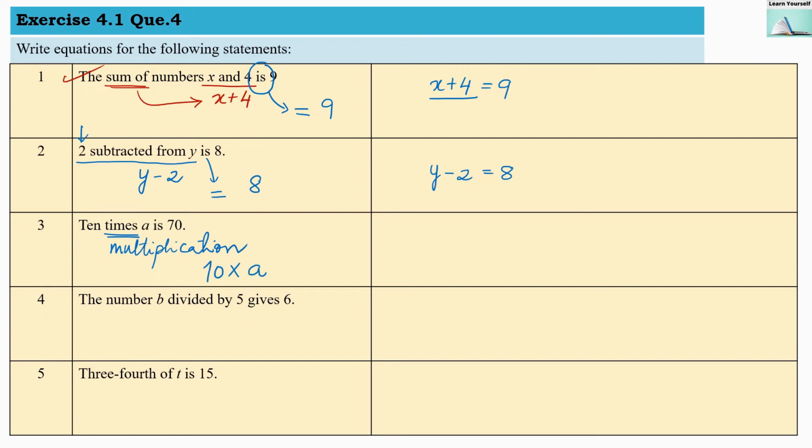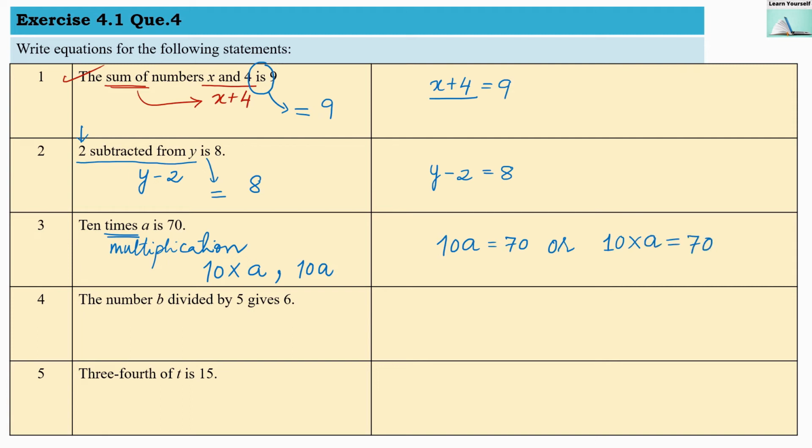The meaning of 10 times a is 10 into a. 10 times a is 70. Is 70 means equals to 70. So our equation here is 10a equals 70, or we can also write 10 multiplied with a equals 70.